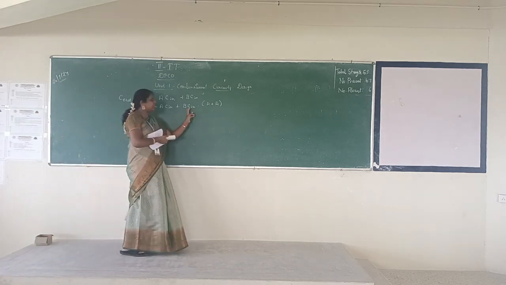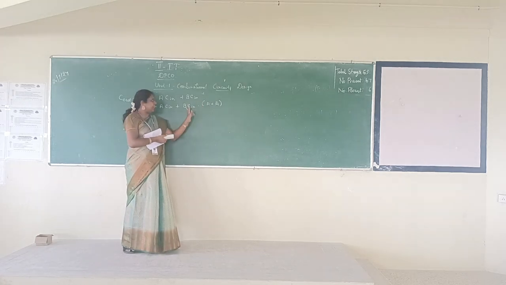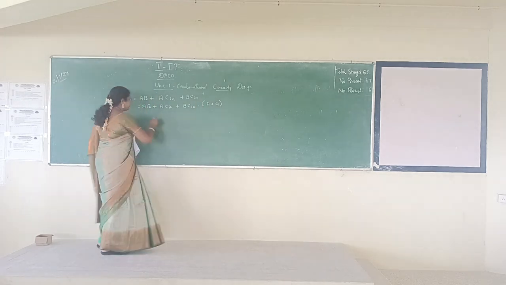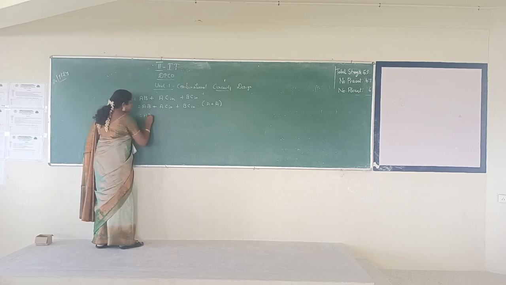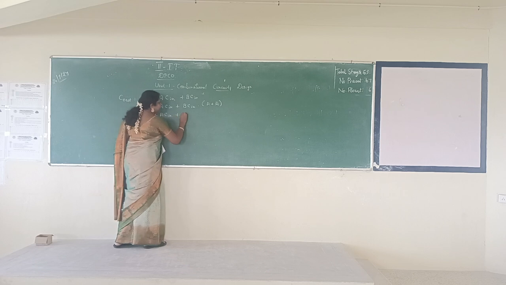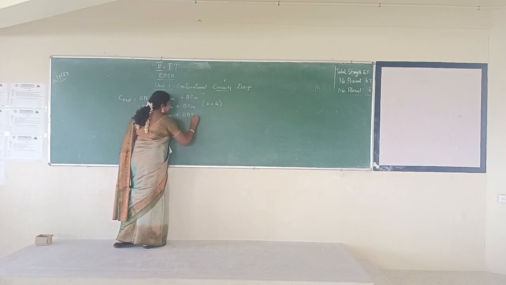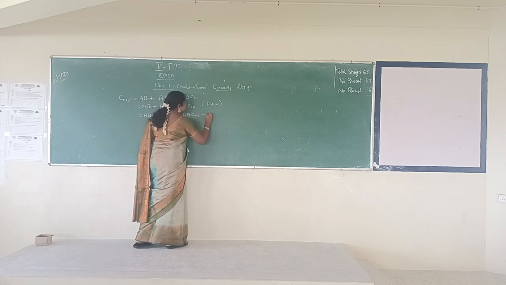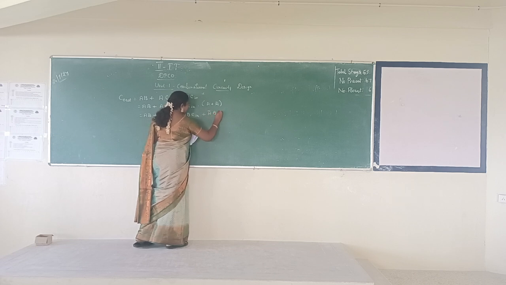Then what next step? Cross multiply the terms inside. The next answer: AB plus AC in plus A BC in plus A bar BC in.